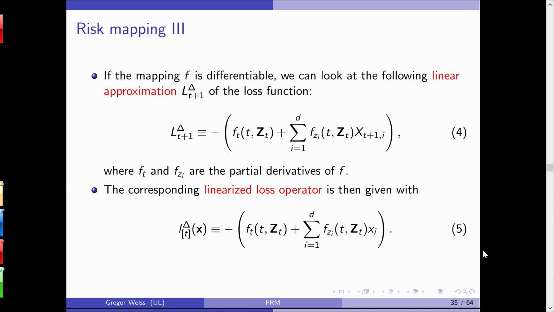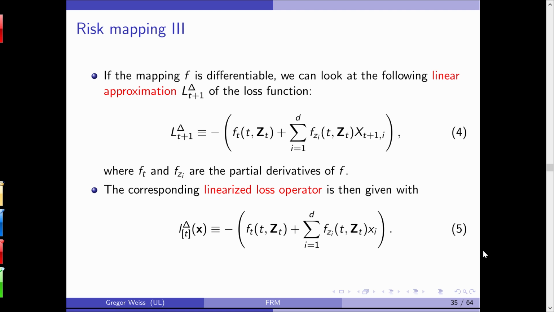Why? Because next we can assume that even if we have our risk mapping, we can do a small simplification. We can simply assume a linear approximation to the loss function or the loss operator. For example, we can take this function ft, zt, and we can try to come up with a linear approximation. And in fact, the linear approximation in this case is given by minus partial derivative of f with respect to t plus the sum of all the partial derivatives times xt plus 1.